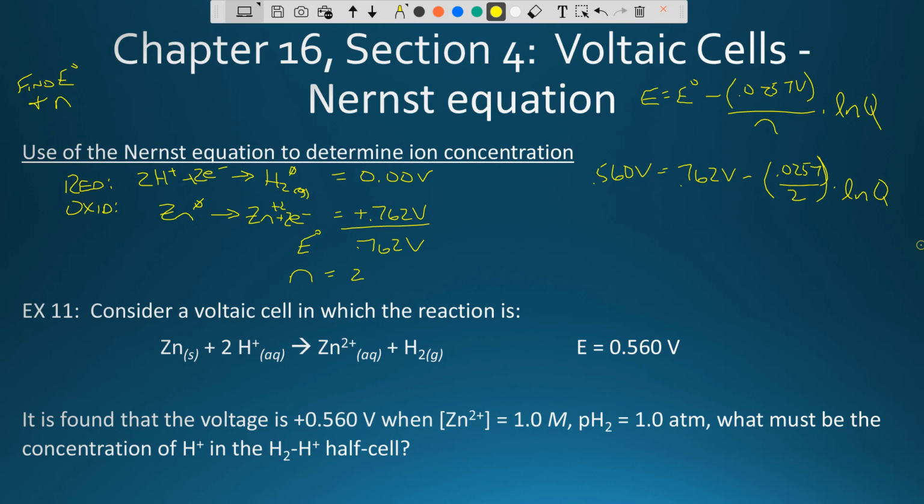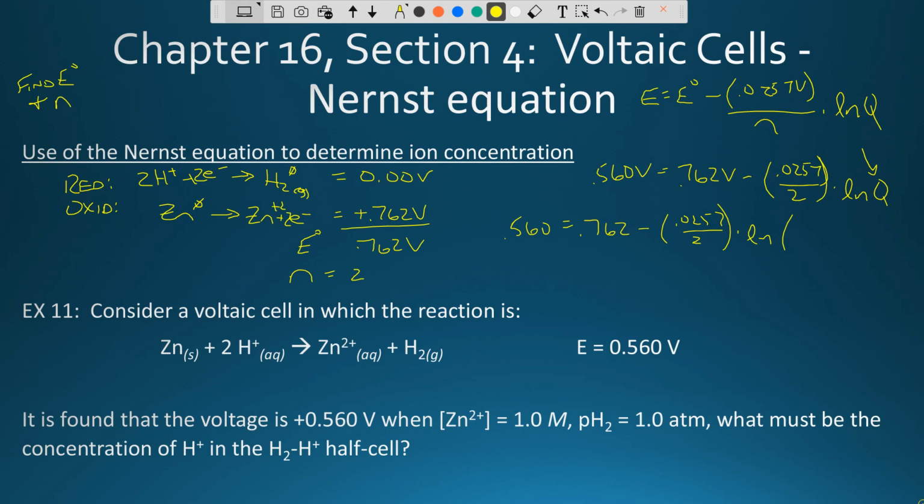So when I go Q by itself, I take the inverse, and notice though, I can actually find out something a little bit more about this from my balanced equation. So before I find Q, let's do this. Let's take a look at 0.560. That equals 0.762 minus 0.0257 over 2 times the natural log. And remember, in the last slide, we were actually just setting up the Nernst equation, setting up those things.